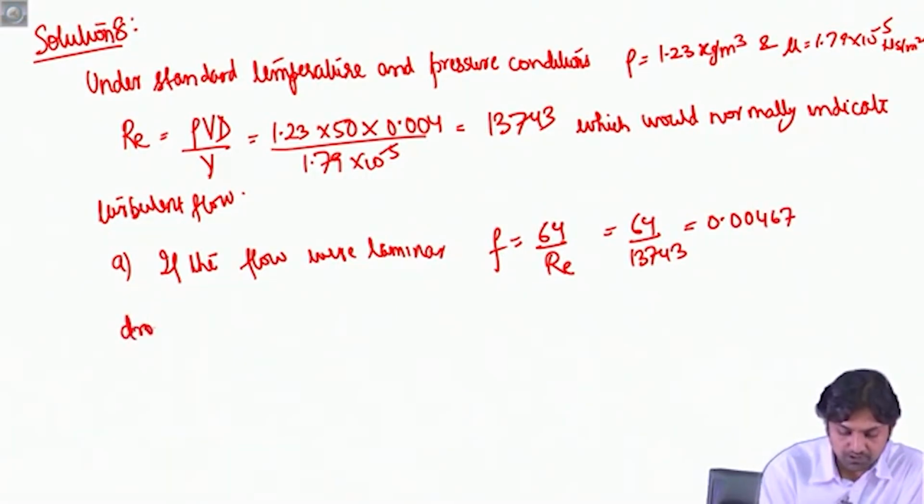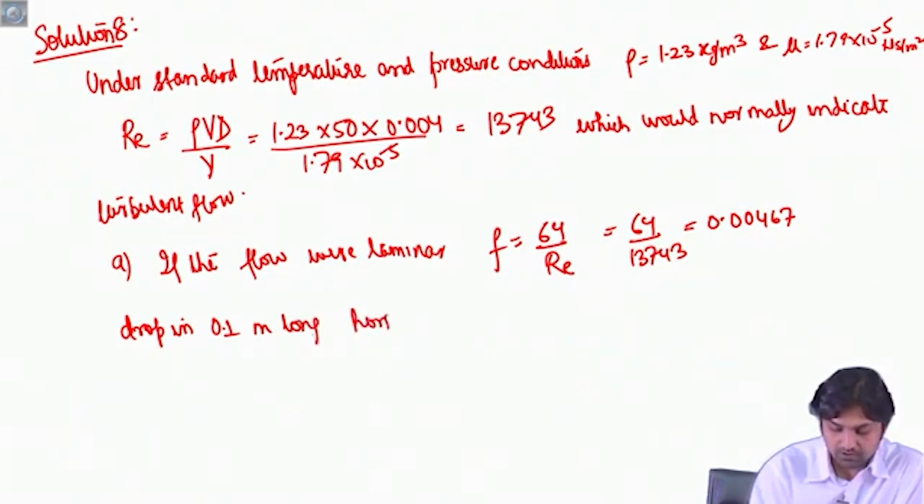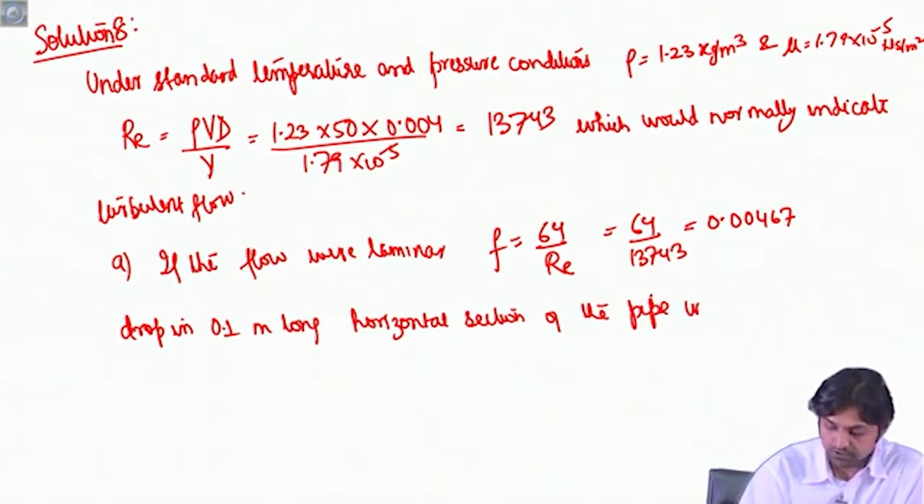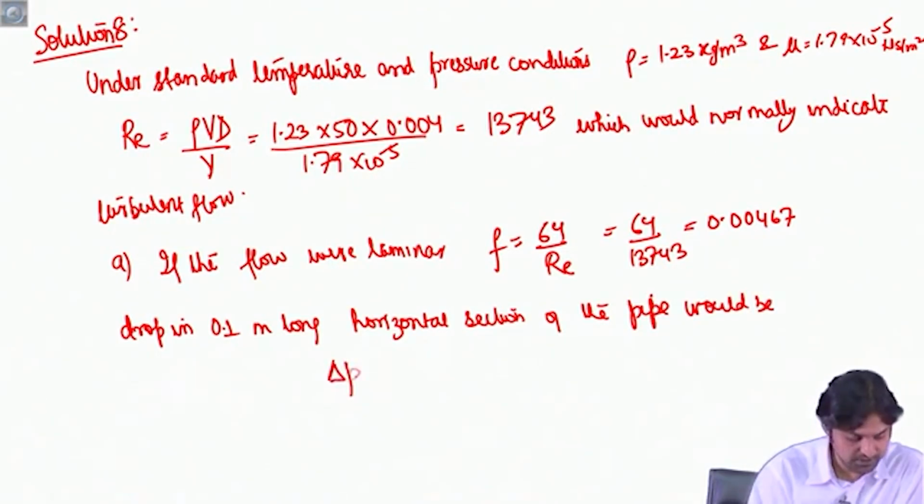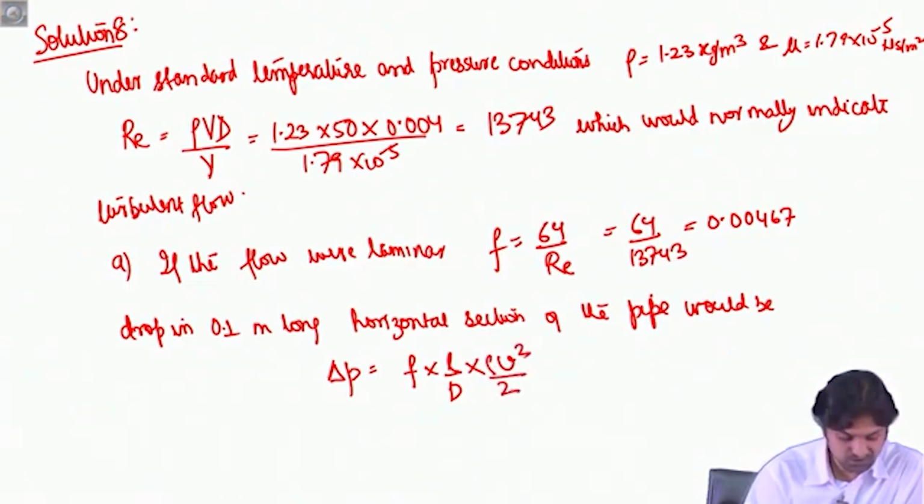Therefore, the pressure drop in a 0.1 meter long horizontal section of the pipe would be delta P is equal to f into L by D, our formula, into rho V square by 2.